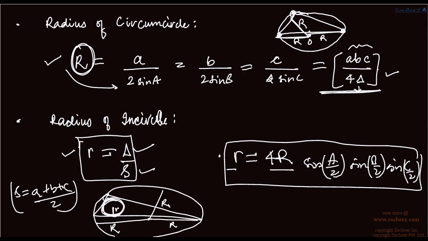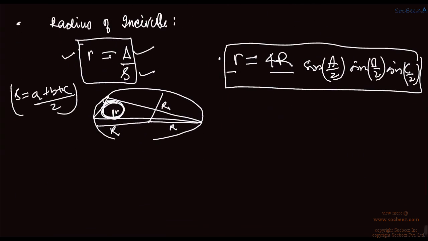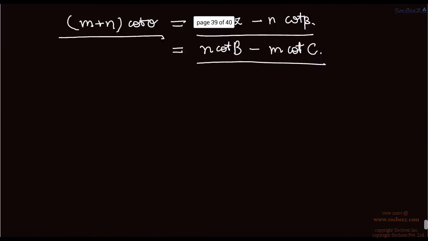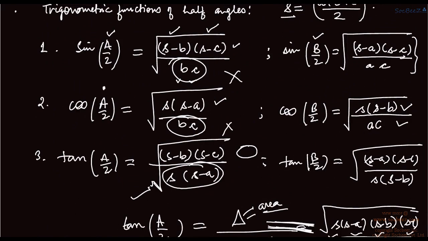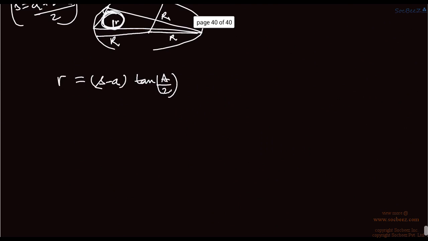Now r has two important formulas also. r can be written as s minus a tan of A by 2. From the previous formula, this was tan of A by 2. So from this formula, we conclude that s minus a tan of A by 2 will be small r.